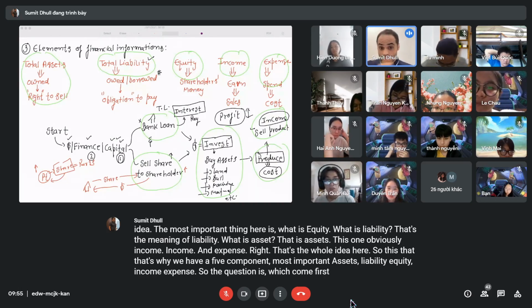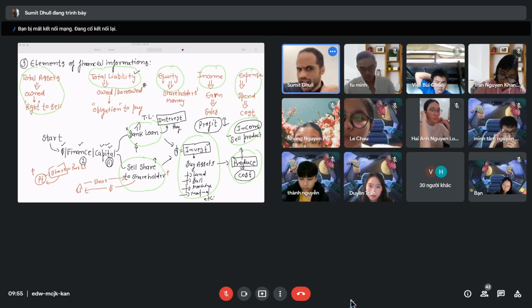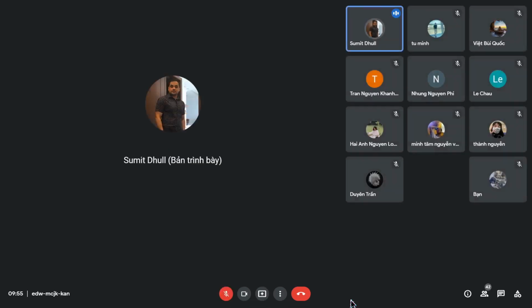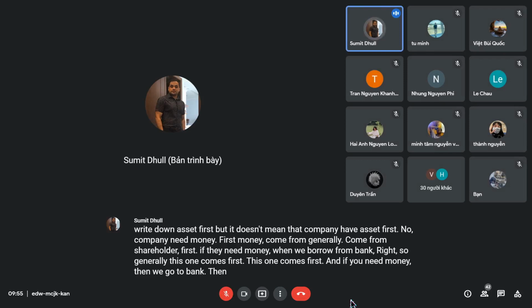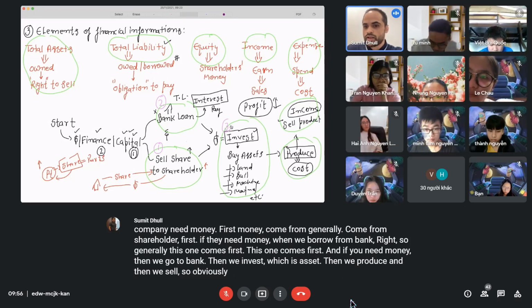Assets never come first. Remember, assets come later. We need money, then we go to the bank. Then we invest, which is asset. Then we produce, and then we sell. So obviously 5 minus 4 is profit.